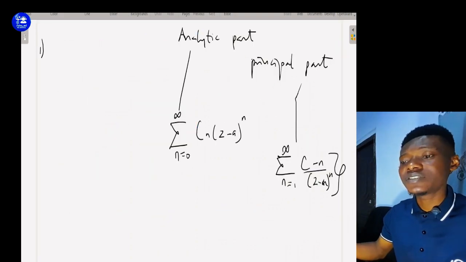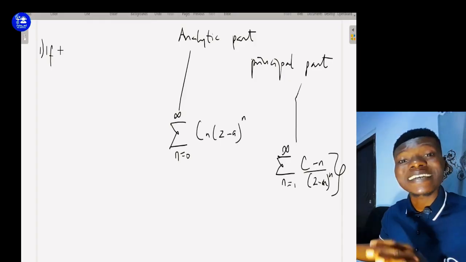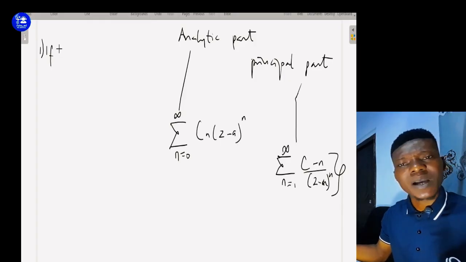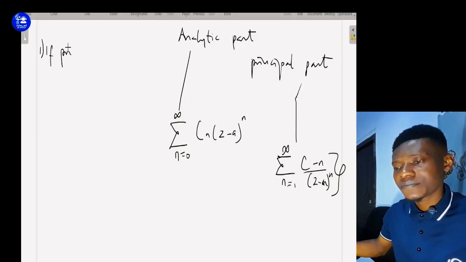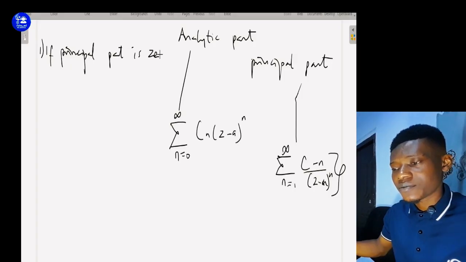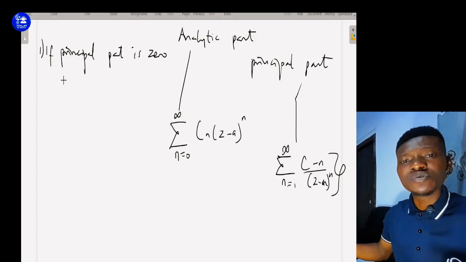The first thing you need to understand is that if the principal part does not exist, that is, after your expansion, you do not have principal part, if the principal part is 0, you call it a removable singularity.